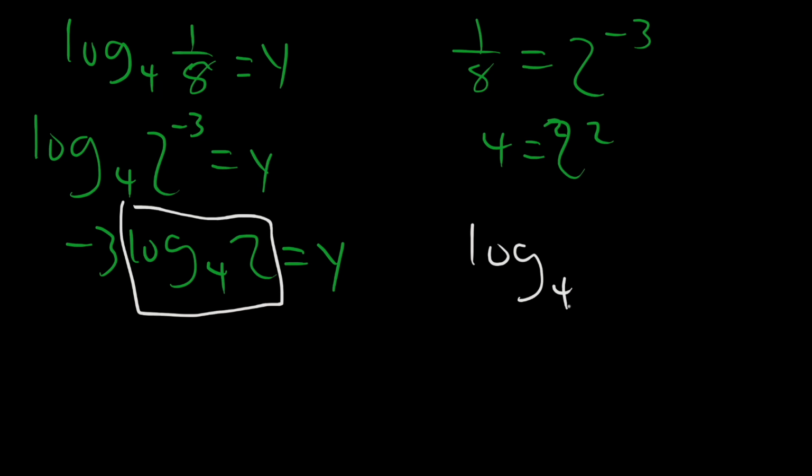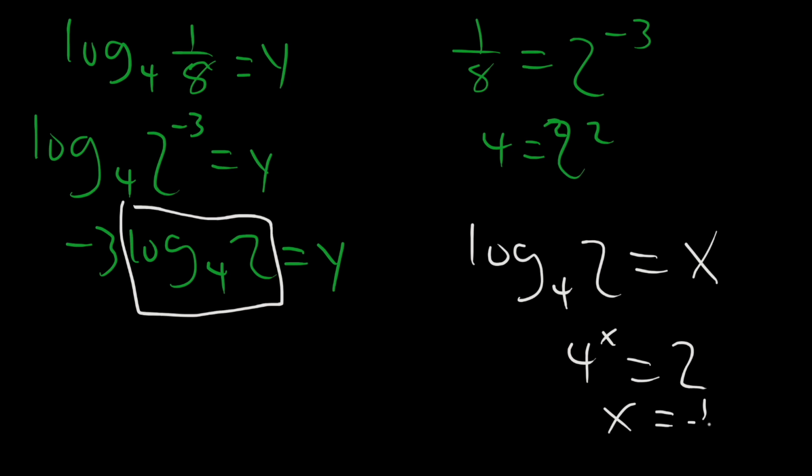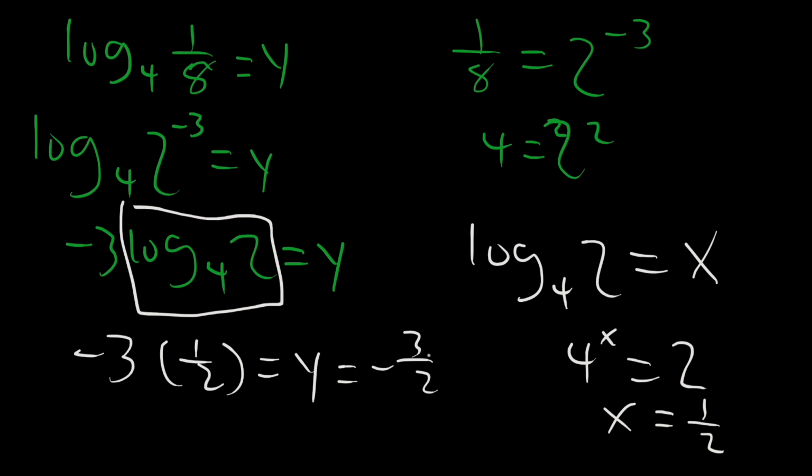So let's say log base 4 of 2 is equal to x. How do you solve for x? So 4 to the power of x is going to be equal to 2. So x must be equal to a half, right? So here it will be -3 times a half is equal to y, which is equal to -3 over 2. So it is always easier if you realize the base is a to the power of n, right? Because sometimes it might be a little bit hard to identify this.